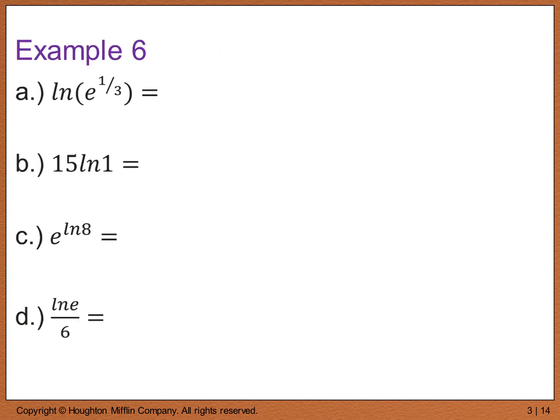So our final example for today, we're going to solve these. The natural log of e to the 1/3. Well, remember, that's like taking log base e of e to the 1/3. So these are going to cancel, and that's going to leave you with 1/3. For part B, we have 15 times the natural log of 1.